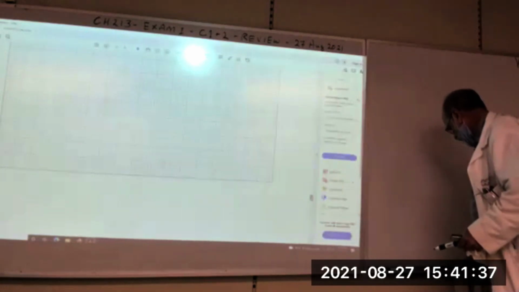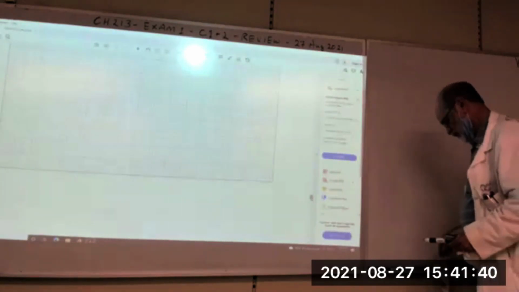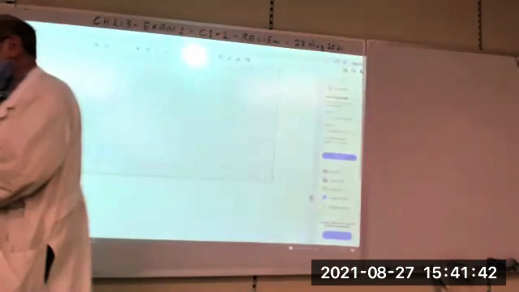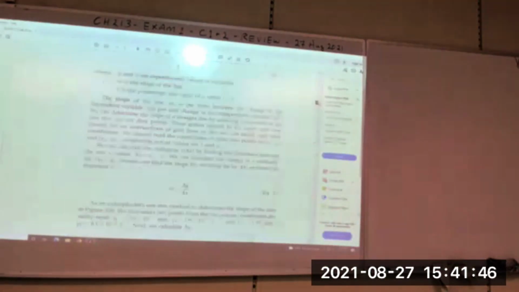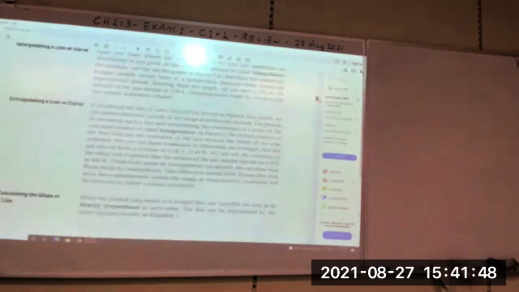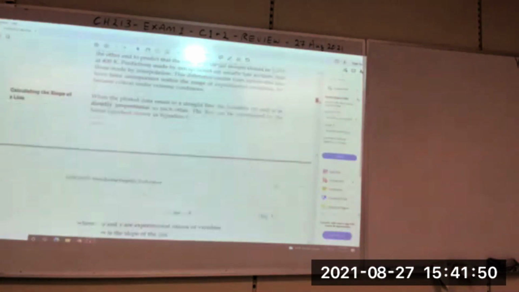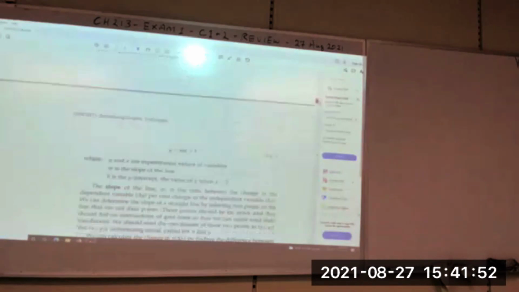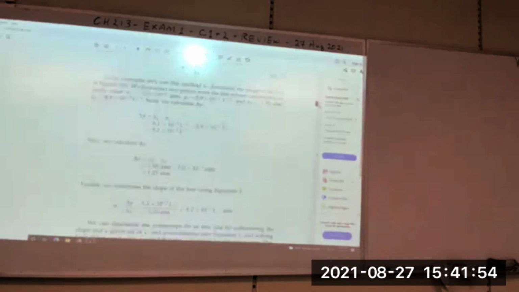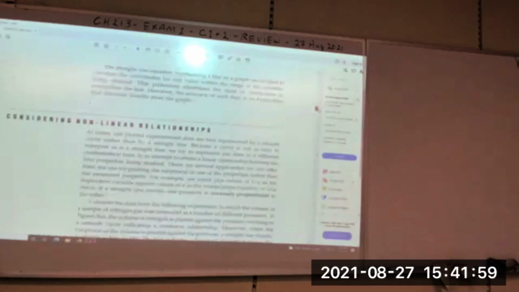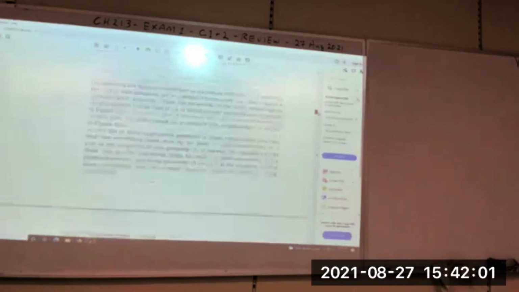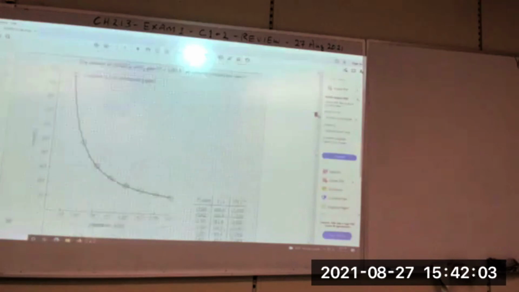So let me go back where we left off. Let's see, interpreting graphs, extrapolating, calculate the slope. Okay, we did that. Nonlinear relationships. Okay, we're going to get to this one when we study gases.